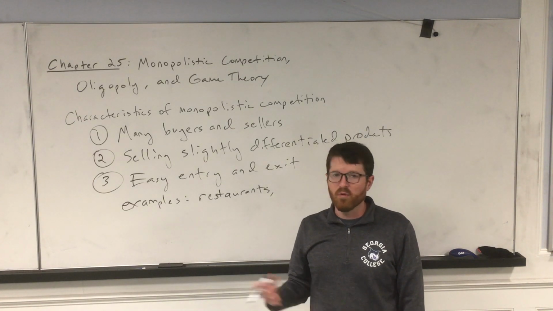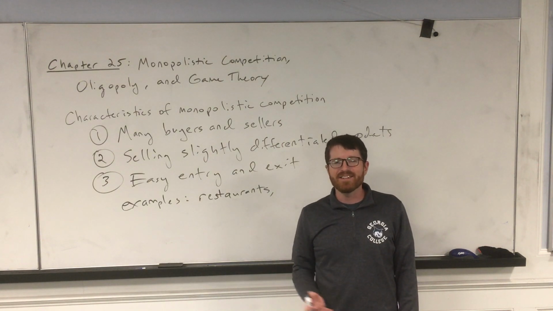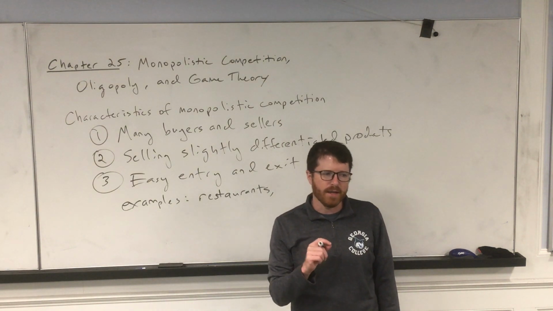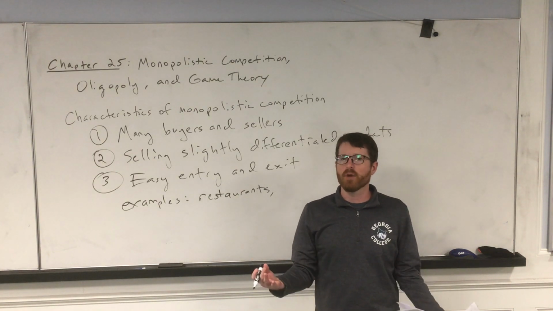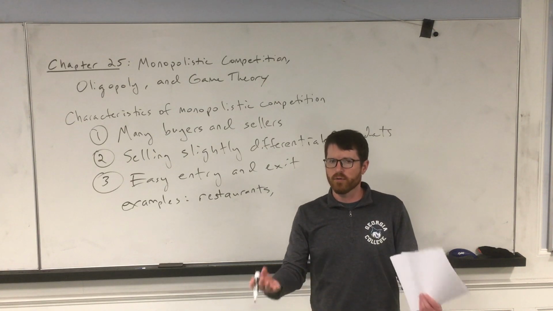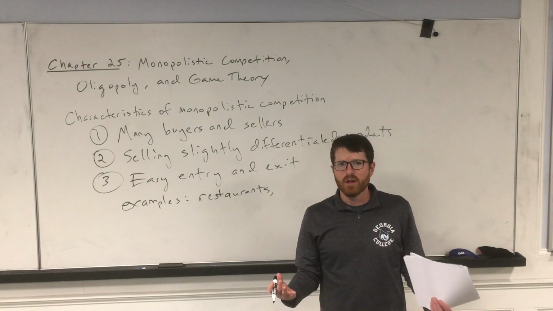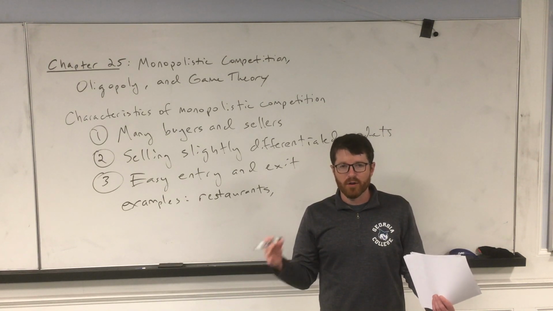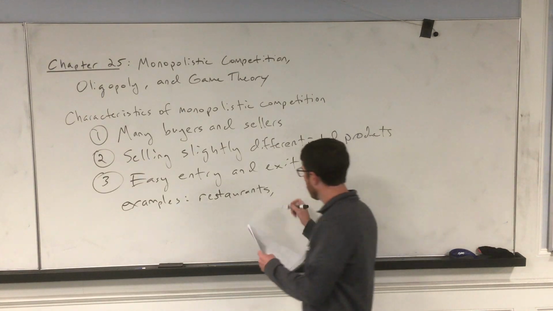So they may serve water, they may serve beer, they may serve wine, they may serve salads, but there's probably going to be some things that are slightly different about it. In regards to its marketing, it may be slightly different. In regards to the layout of the restaurant or the clientele that they're trying to attract, or the food quality and style of food, these things may all be slightly differentiated. Okay? So there are still many buyers and sellers, but they're selling things that are a bit different.